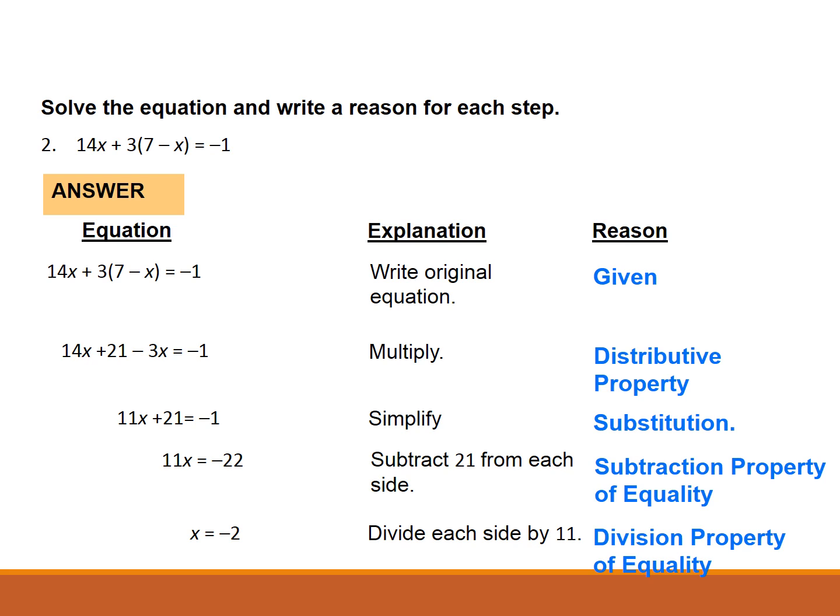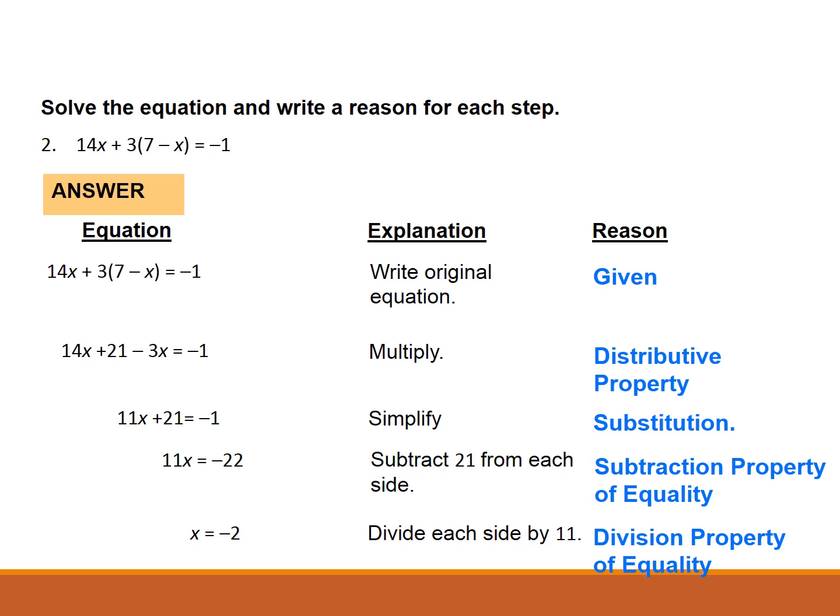Okay, well, the first one is given to us. Now, we like to get rid of the number on the outside of the parentheses, so we distribute. Take 3 times 7 to give us 21, 3 times negative x to give us negative 3x. Now, what are we going to do?